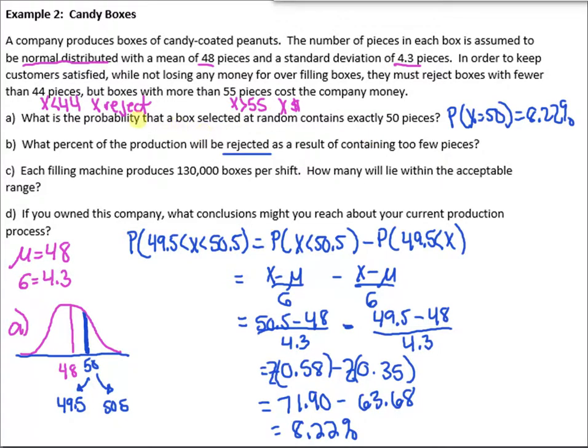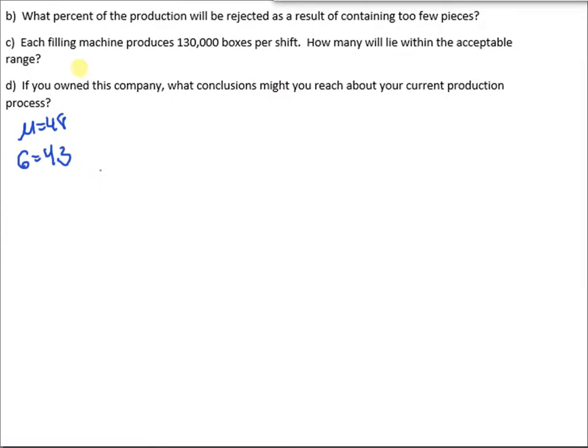Now, what percent of the production will be rejected as a result of containing too few or too many pieces? We're going to reject less than 44 or greater than 55. Let's go to the next page. I moved everything up and cleared the screen. We want the probability that X is less than 44, because all of those will be rejected, and then the probability that X is greater than 55, because we also reject that.